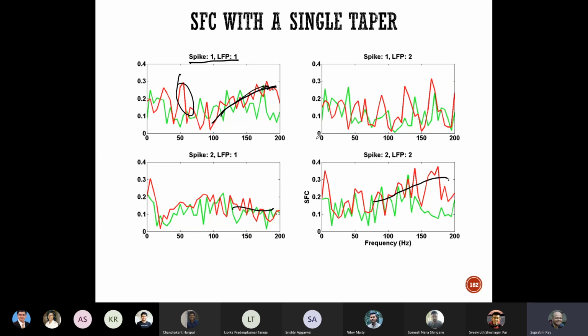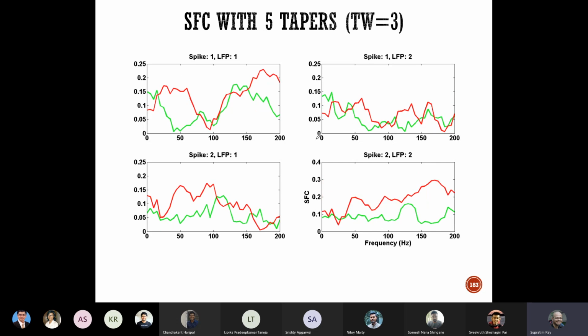Now, unfortunately, in your case, this is all the data that you have, but I had data from lots of other electrode pairs. So if you average all of that, no, this is not it. This is just the SFC with 5 tapers. When you have 5 tapers, then you sort of see some increase in the gamma range in all cases.